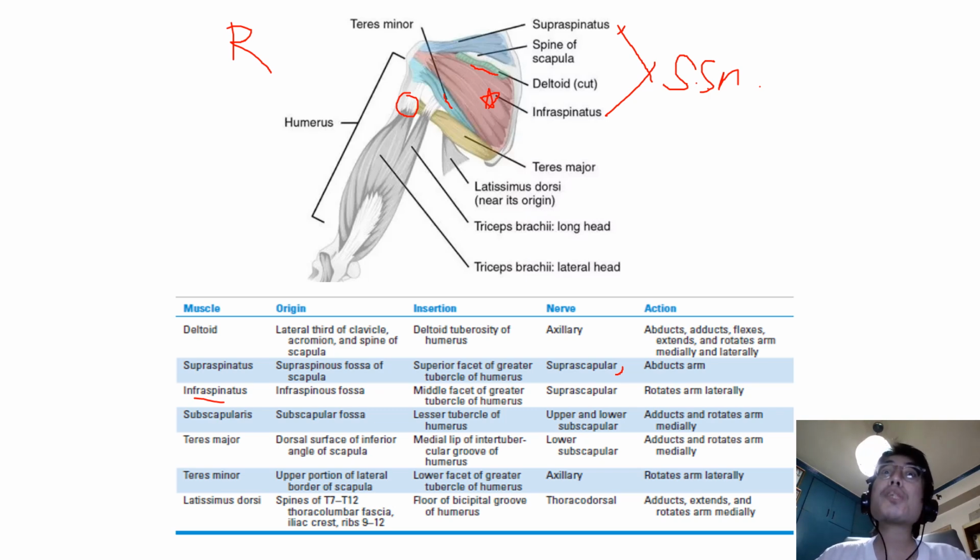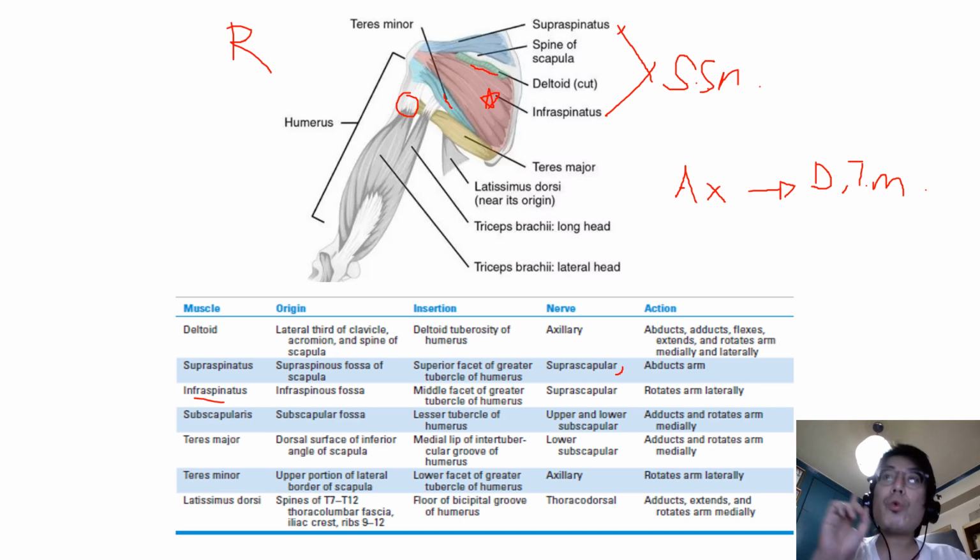The teres minor is innervated by the axillary nerve. Therefore, we recall that for the shoulder muscles, the axillary nerve innervates the deltoid muscle as well as the teres minor muscle. The function of the teres minor is to rotate the arm laterally.